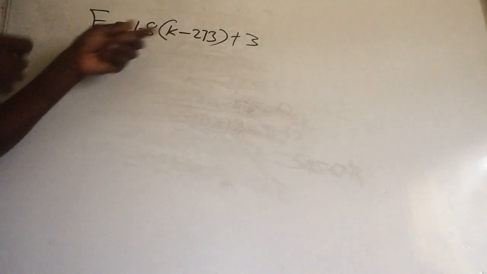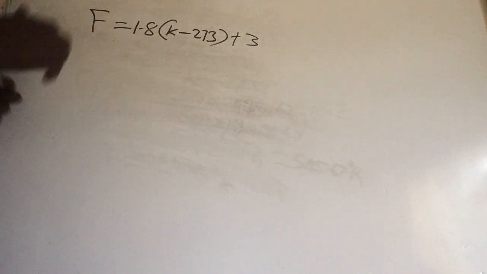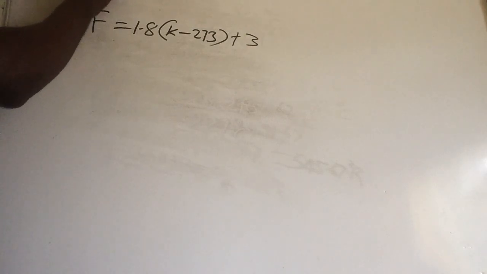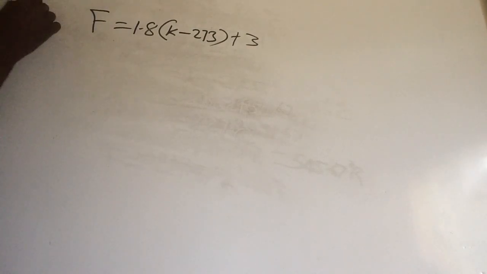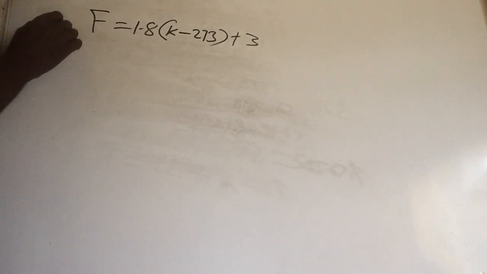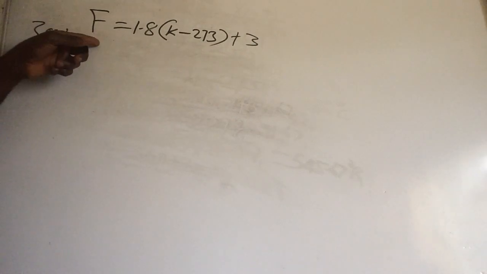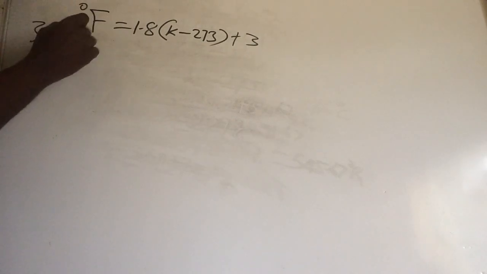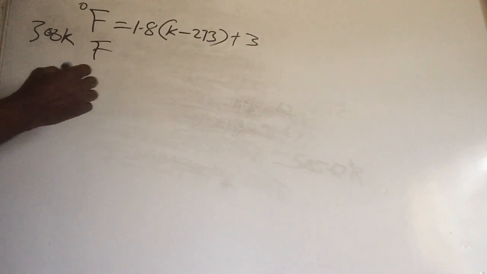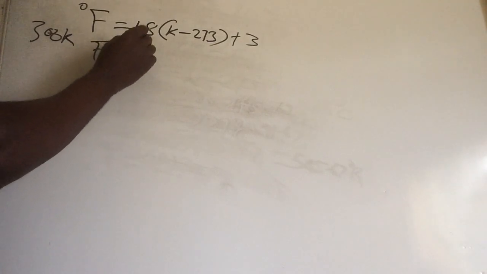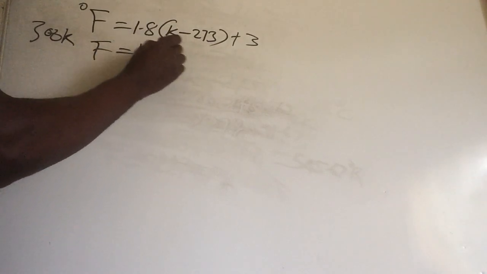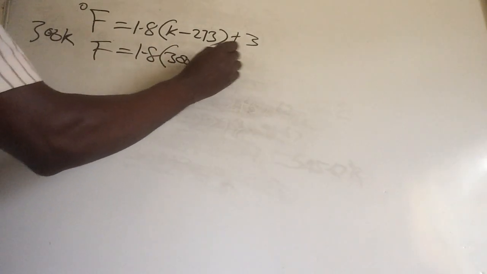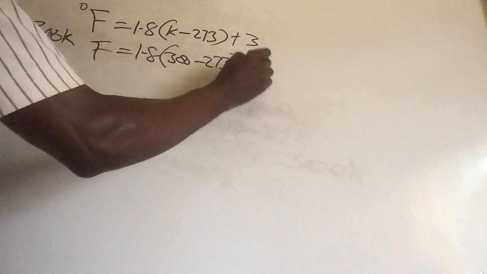This is the relationship between Fahrenheit and Kelvin. Now, if you have 300 Kelvin and you want to convert it to Fahrenheit, you use the same formula by saying 1.8 bracket 300 minus 273 plus 32.